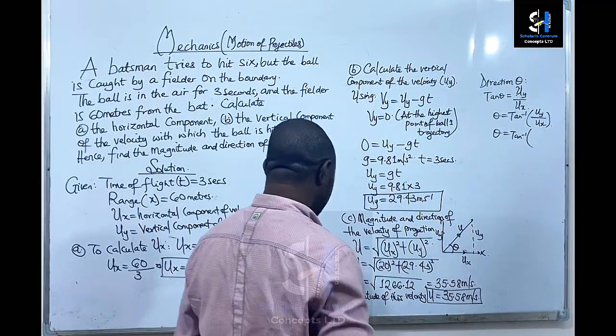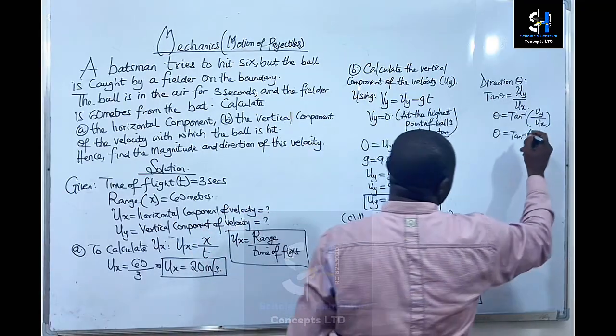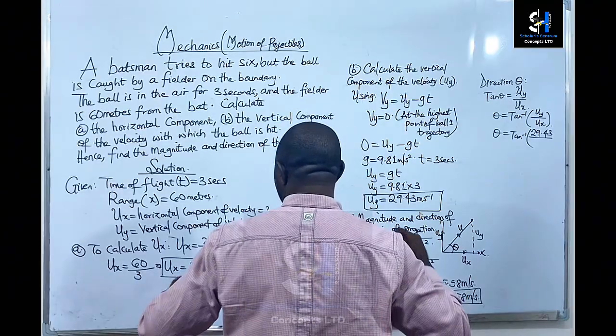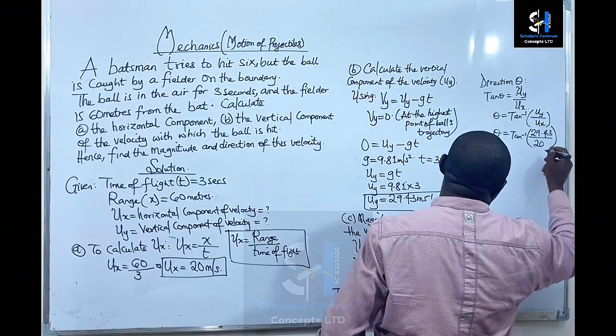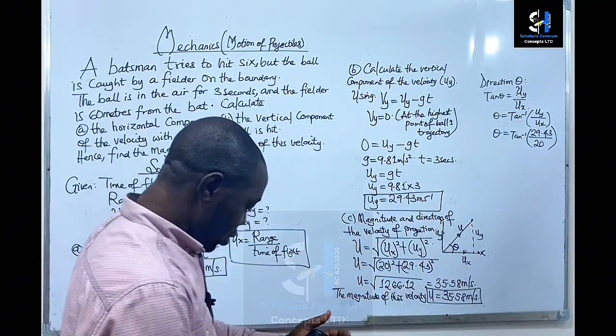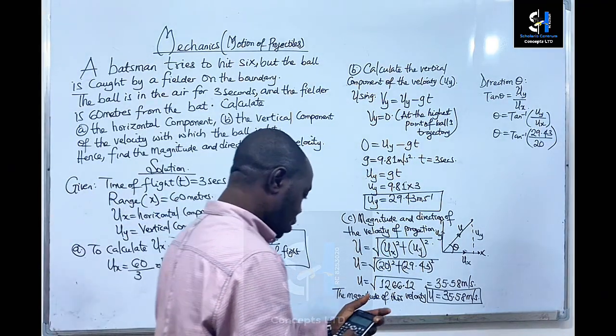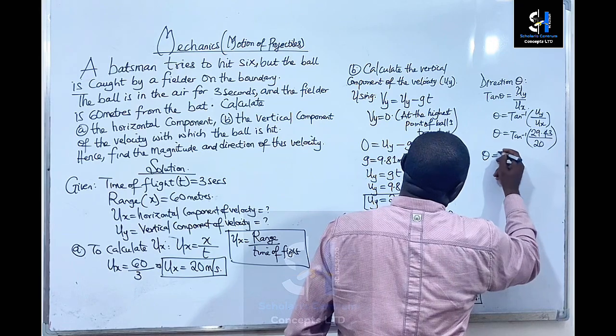Plugging in the values, 29.43 divided by 20 gives 1.4715.